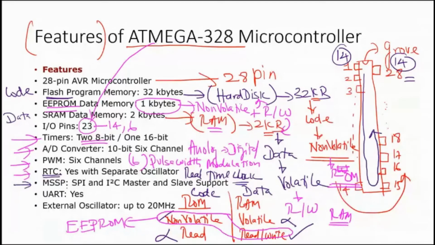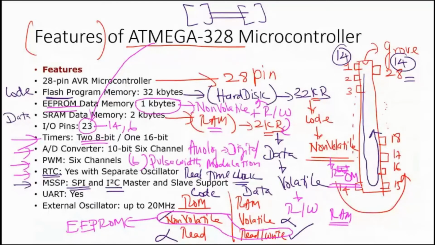You have 2 communication protocols, SPI and I2C. These 2 are communication protocols where the microcontroller can communicate with any external device by using only 2 wires. So this microcontroller has the ability to speak to any slave device or any other external device by using only 2 wires. This 2-wire communication protocol is called SPI and I2C.